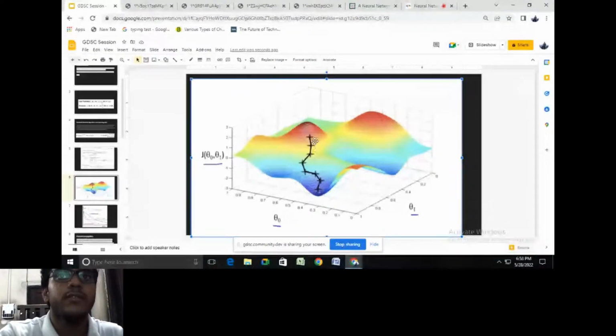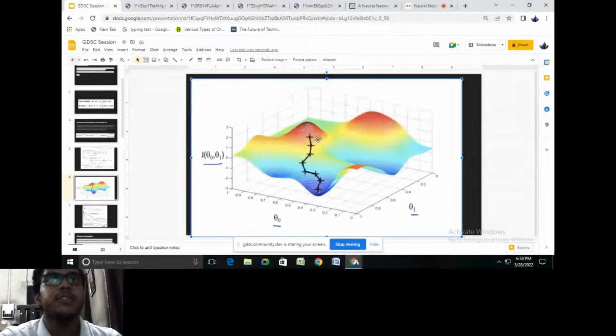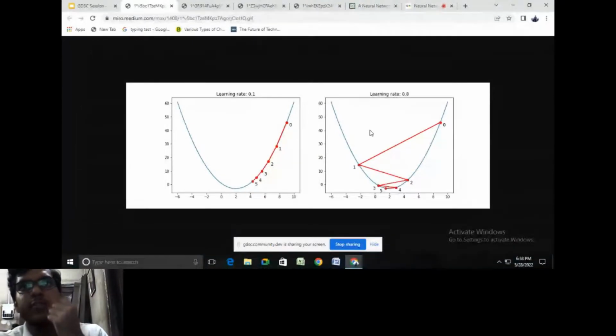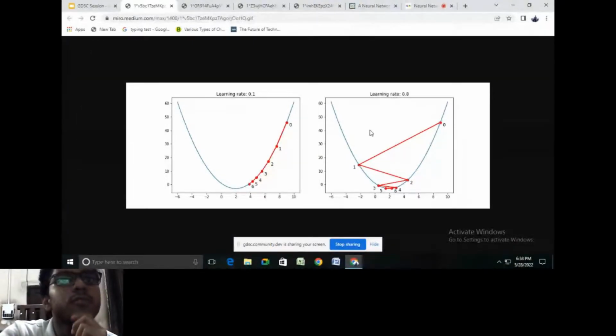The learning rate shouldn't ideally be the same for each step. Let me show you some simulations regarding this. This is the first simulation that I'm trying to show.